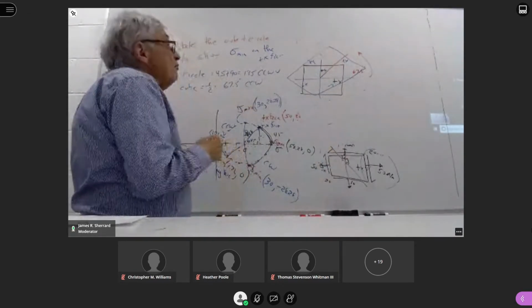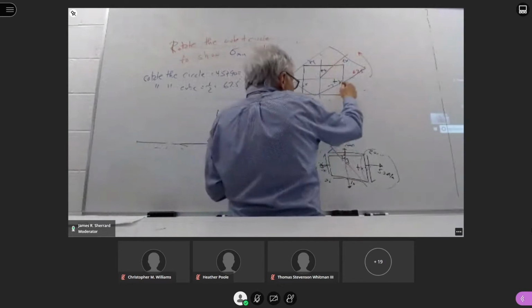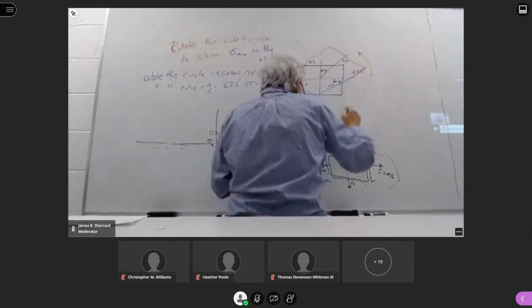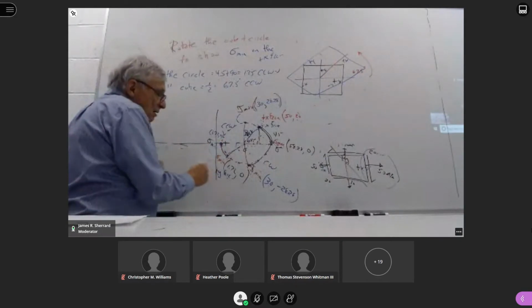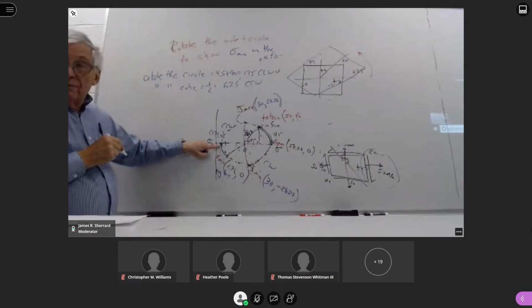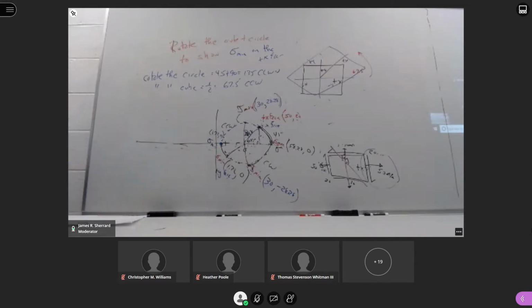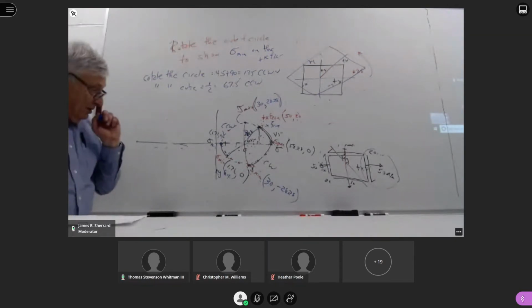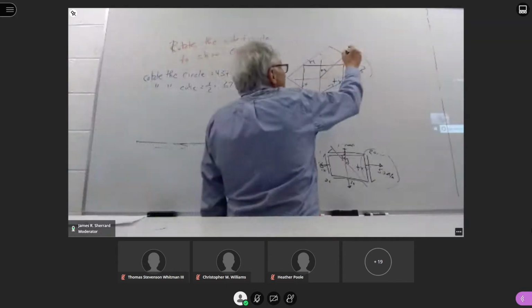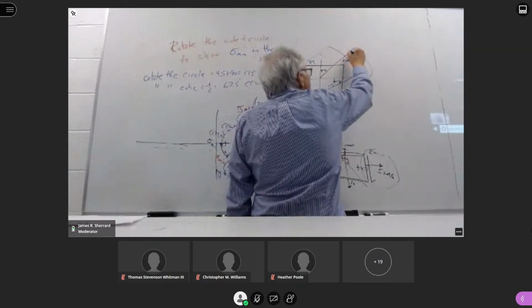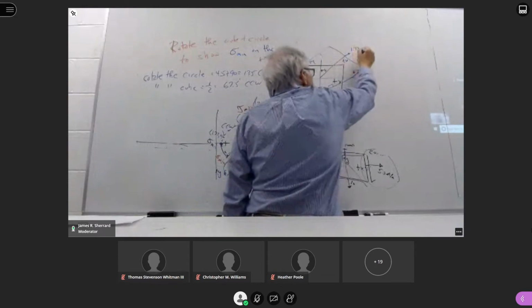So when I've rotated my plus x face up to here by this amount, what is the value of plane stress here? Anybody? 1.76. 1.76. Okay. So I'm going to have a very small 1.76.